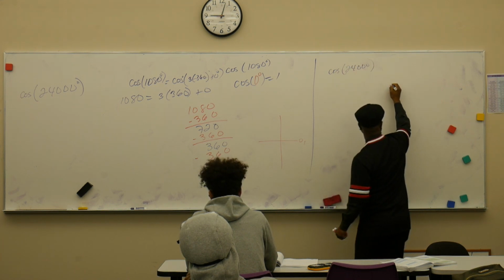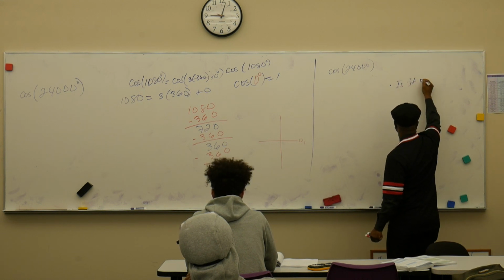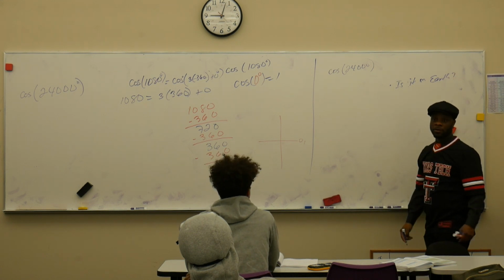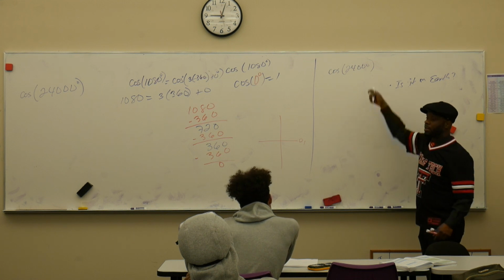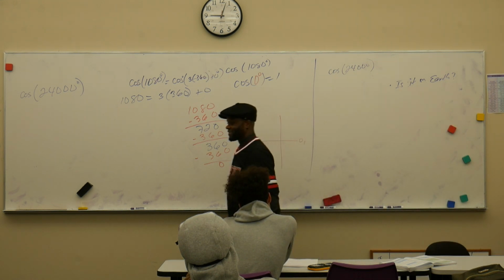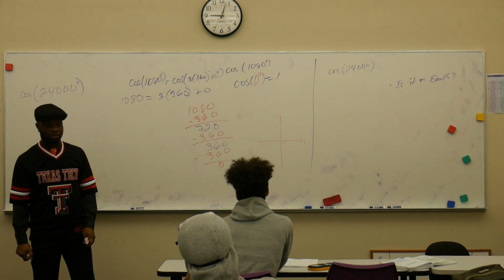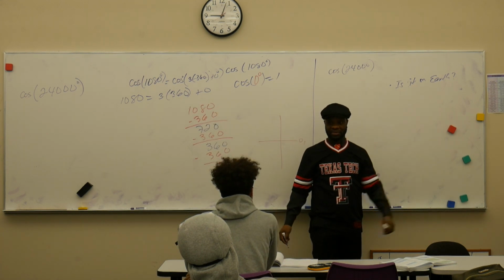So, is it on Earth? No. Why? Because it's bigger than 360 degrees, right? So now, how many rotations can we take out of the Earth? Those of you using your external brains, the calculator, the way you find that out is to divide that by 360.